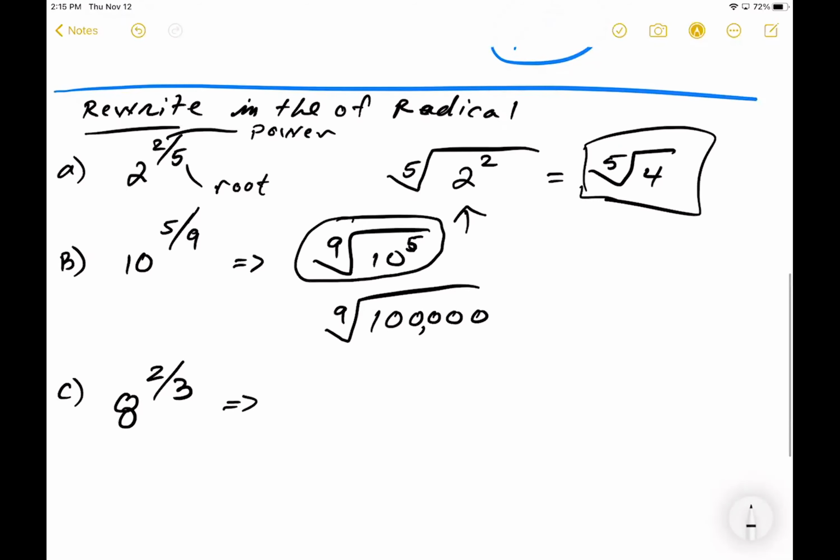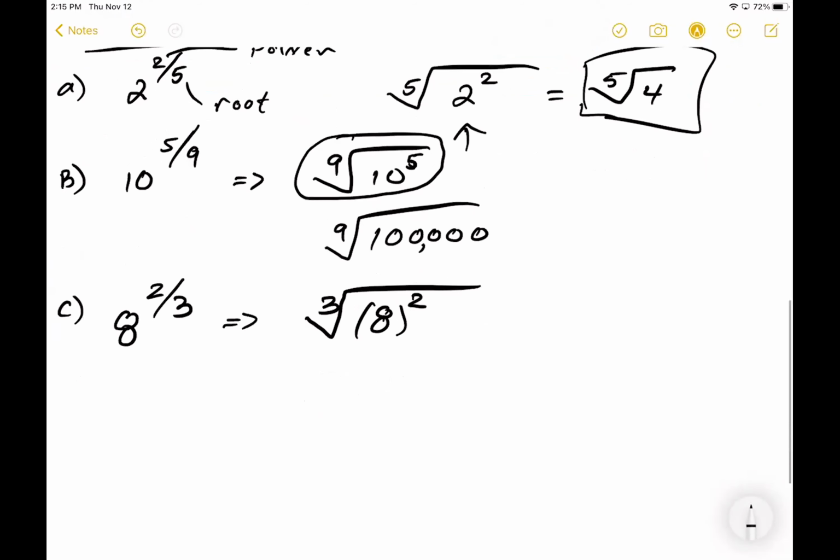Well, we know that this is the cube root of 8 raised to the second power, right? The cube root of 8 raised to the second power, and I mentioned to you guys, you can either take the root first or take the power first. We did this yesterday, and I will show you what we did yesterday.